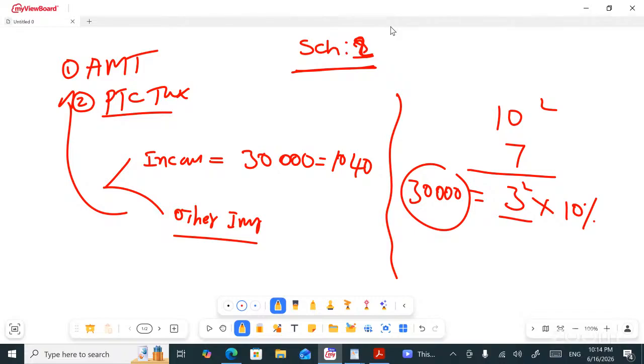So one estimation will be taken by the government from the taxpayer: what will be your income in the current year? Suppose he says that his income is below the poverty line. So in the beginning of the year itself, government is going to pay the premium to the insurance company on behalf of the taxpayer, because his expected income in the current year would be less than the poverty line.